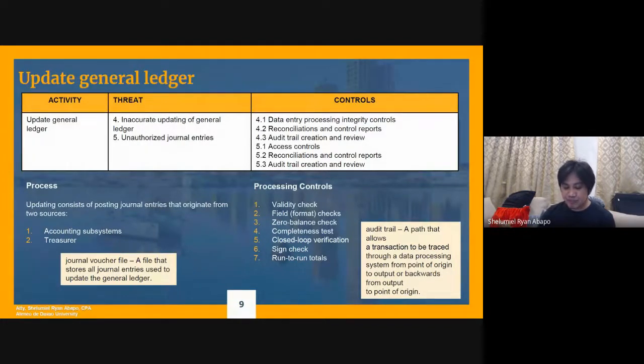So the journal voucher file here is a byproduct of, not an input in, the posting process, which I have mentioned a while ago, in the automated accounting system environment. Okay, so what are the threats that would cause some problems in this particular activity, the updating of our general ledger?